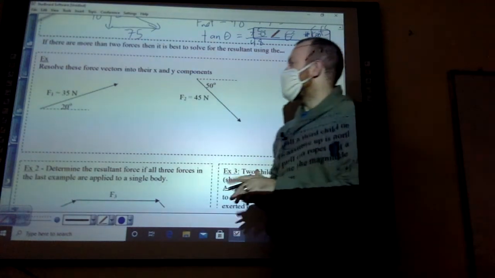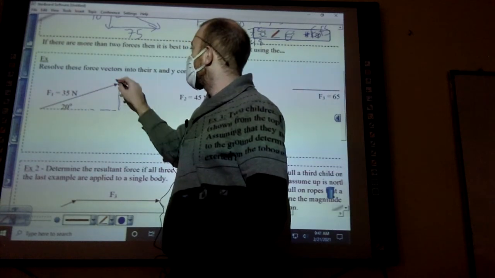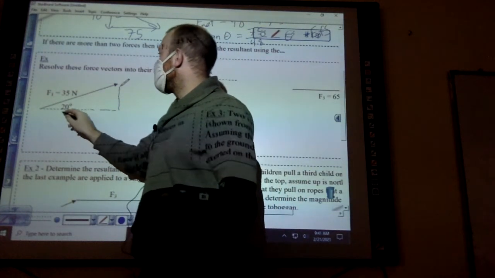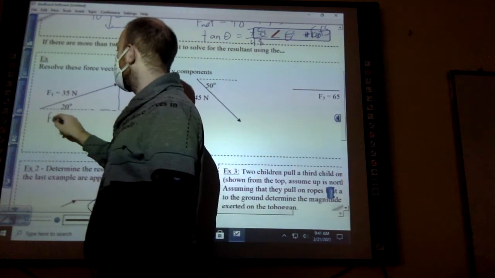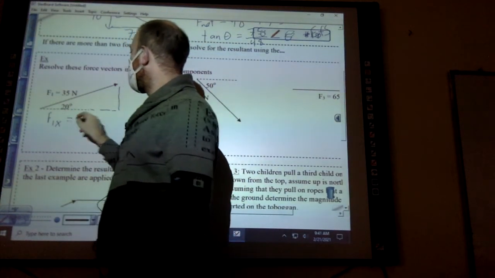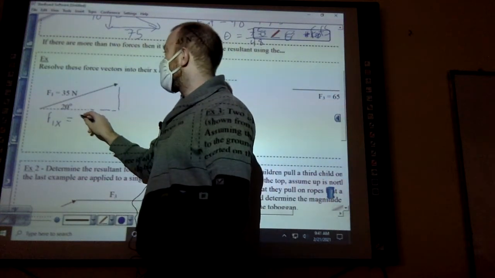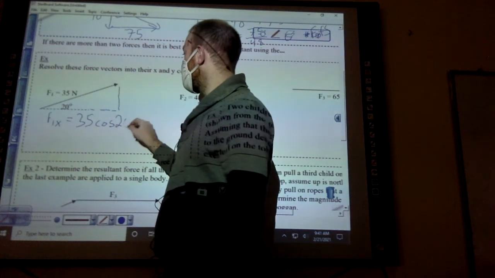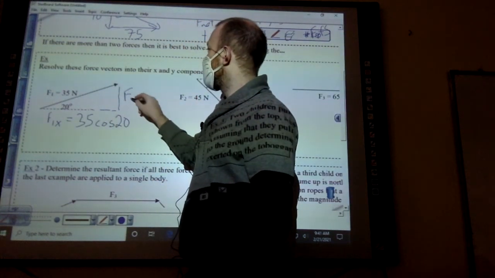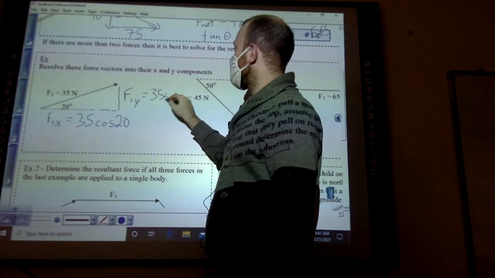So this you've seen, this is way back to the vectors. We're just going to break this up into components. So for this one, this is F1x. Since we're dealing with the adjacent side, we're going to use cos. So 35 cos 20. To get the y component, we'll use sine.